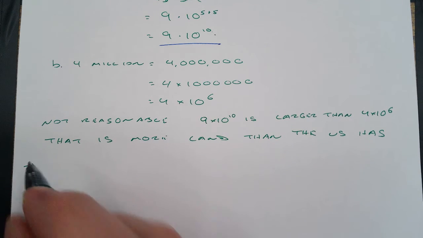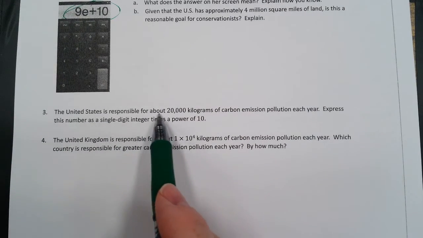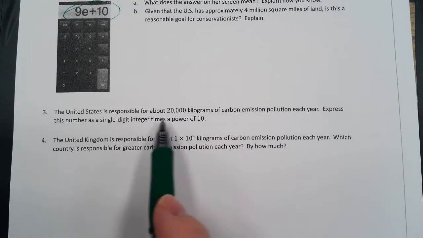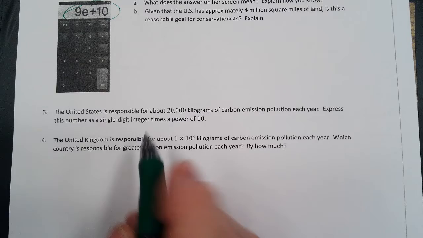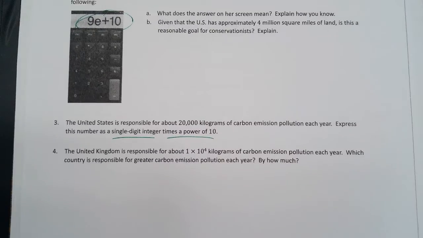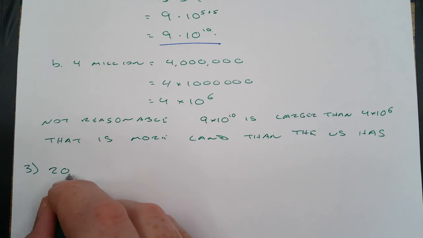Okay, moving on to number 3. Checking your work that you've already done. The United States is responsible for about 20,000 kilograms of carbon emission pollution each year. Express the number as a single-digit integer times a power of 10, which means a number times a place value. So, we have 20,000.